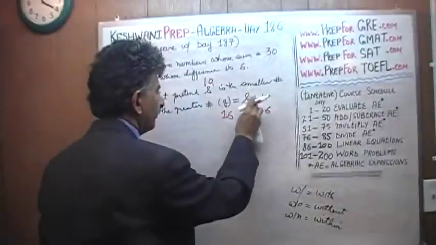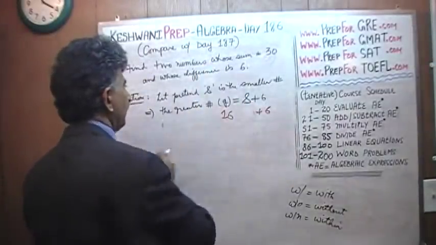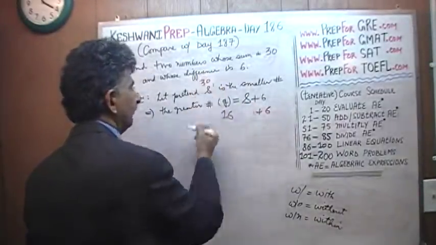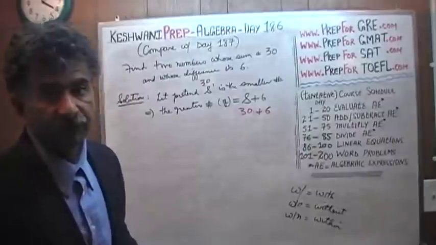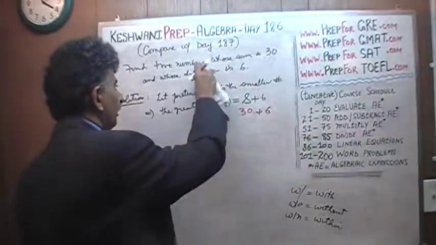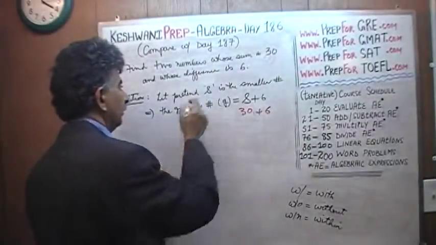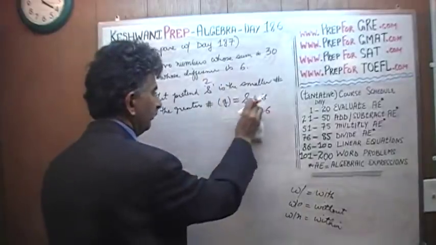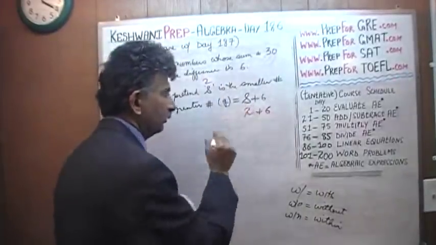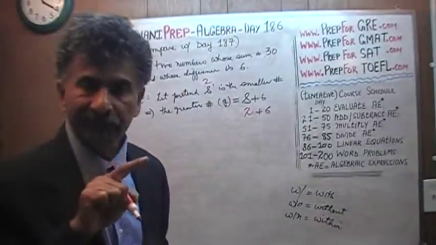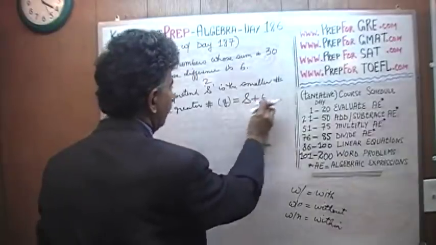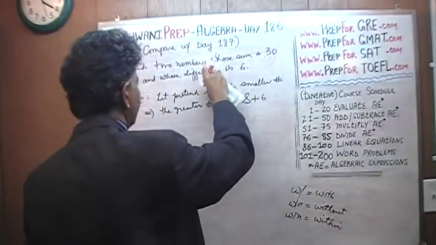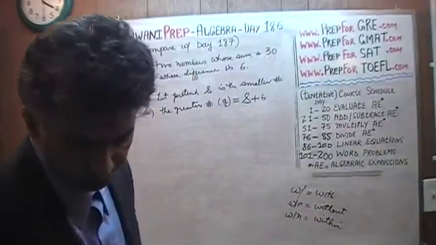If the small number happens to be 30, the large number is going to be 36. If the small number happens to be 2, the large number will be 2 plus 6. You get the idea. That's where S plus 6 is coming from, because we are calling the small number S. If the small number is S, then the large number must be S plus 6.